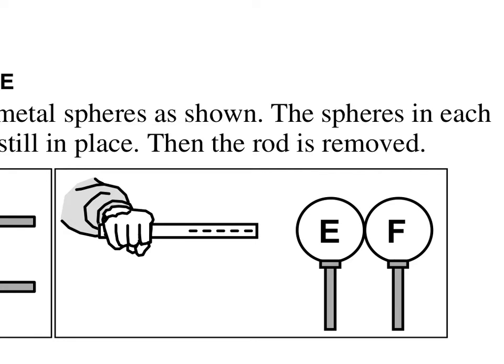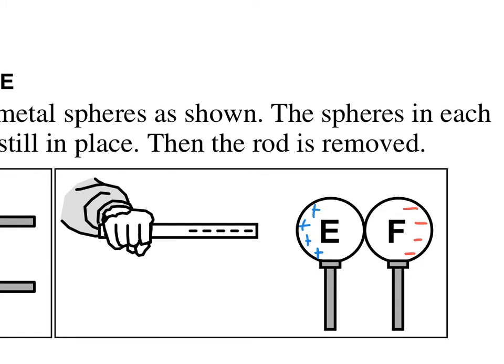So when negative charges go as far away as they can from the rod, if I end up pushing 4 negatives to the far side of F, that means there would have to be 4 exposed cores.